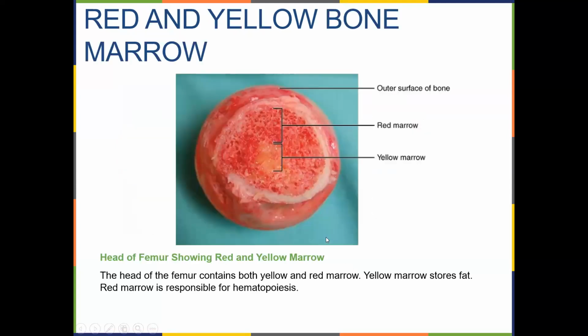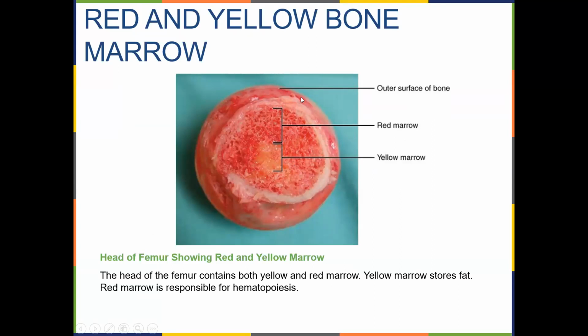So this is a close-up of the head of a femur, and obviously this is the outer part of the bone here, but this is all spongy bone, and we see the red marrow throughout, surrounding all the trabeculae of the spongy bone.